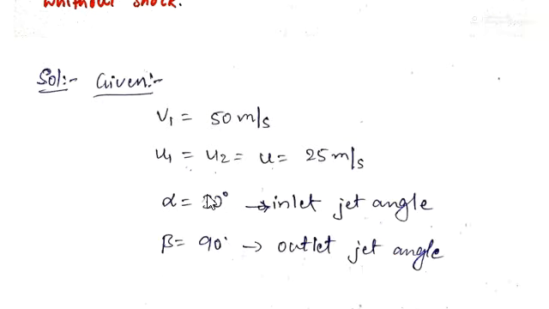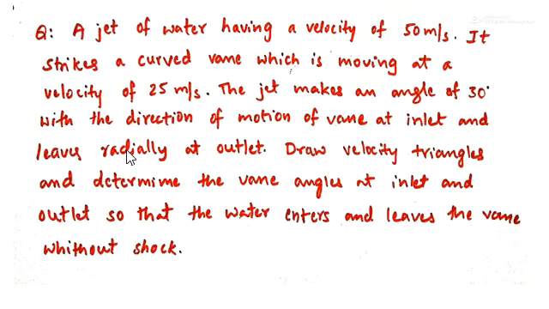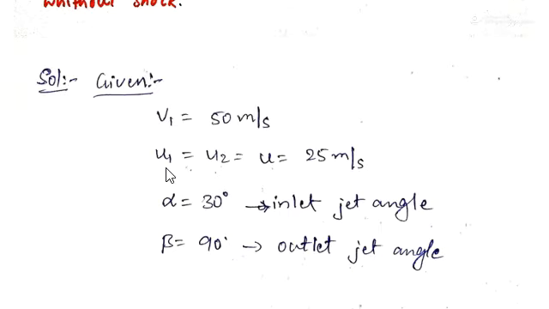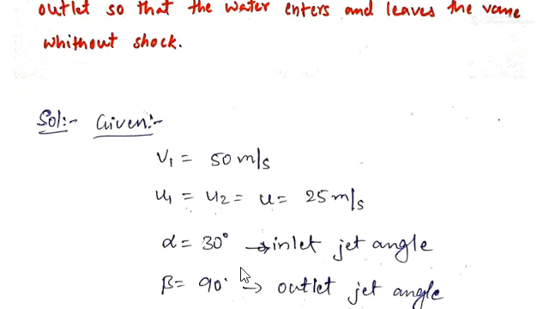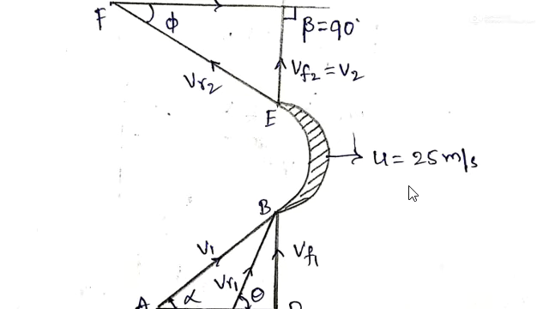The inlet jet angle is given as 30 degrees, and that symbol is alpha, and the outlet jet angle symbol is beta, and that is 90 degrees. Here the jet leaves radially, means beta is 90 degrees, alpha is 30 degrees. And this is a diagram indicating the inlet and outlet triangles and vane.